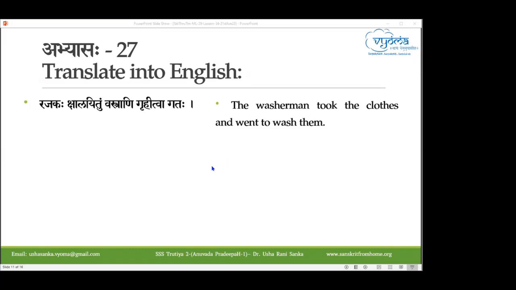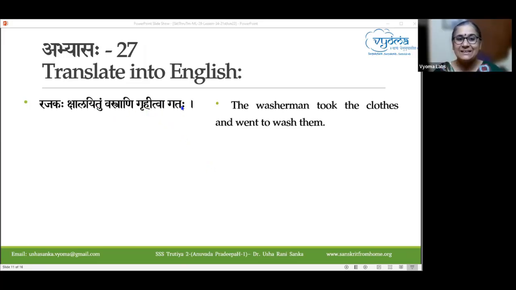Okay. "Went to wash": to wash shows the purpose, no? Kshalayitum, see, that is different. I am saying that Grihitva is there before Gataha, isn't it? Grihitva is there before, Gataha comes later. So Kshalayitum vastrani: the intention of the speaker seemed to be that the clothes which are meant to be washed are taken by the washerman. That is the main intention.